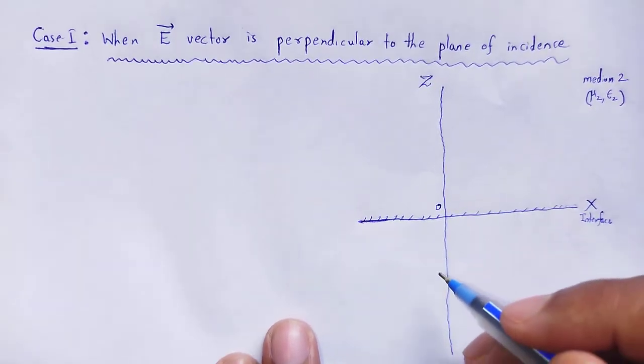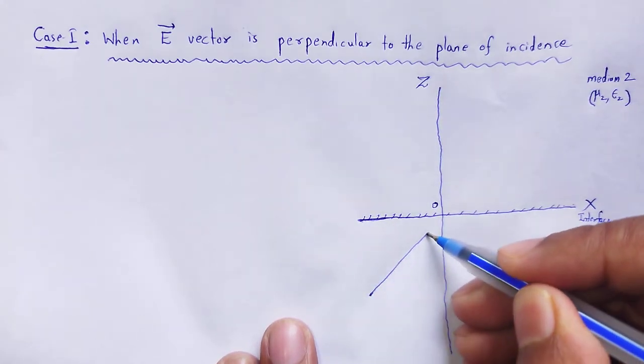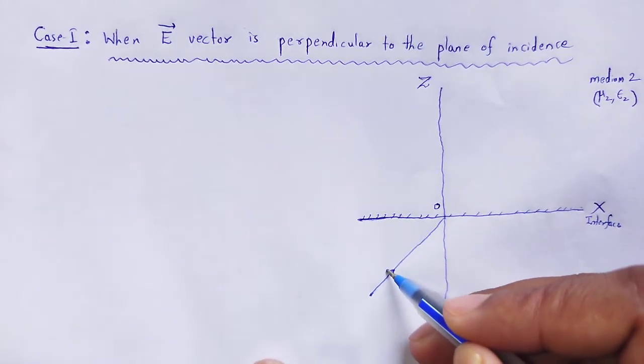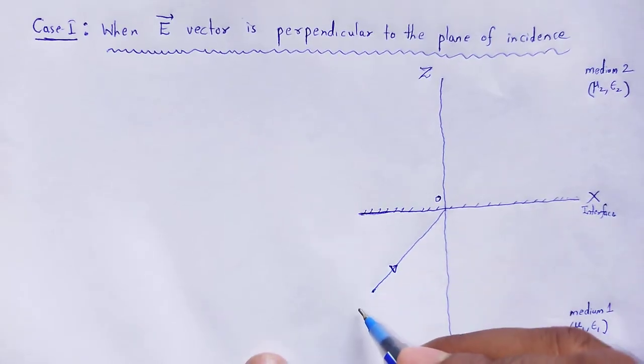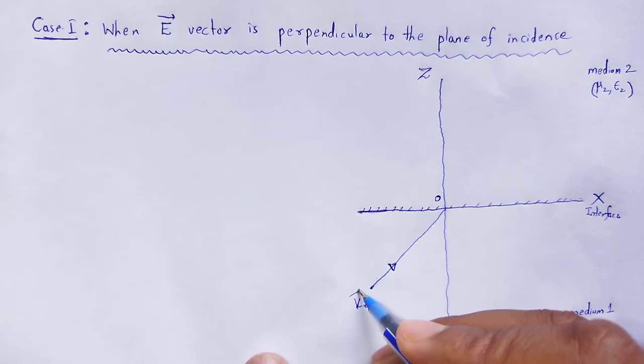An electromagnetic wave is incident on that interface. That incident wave is given as k I vector.